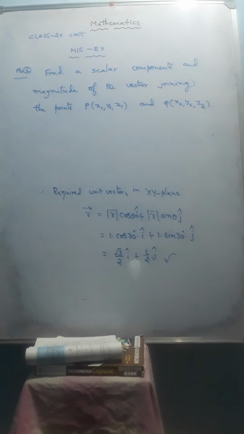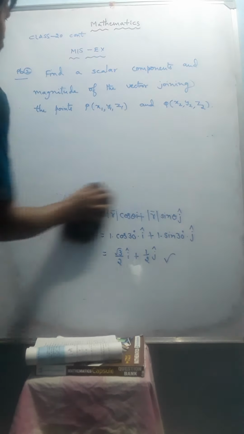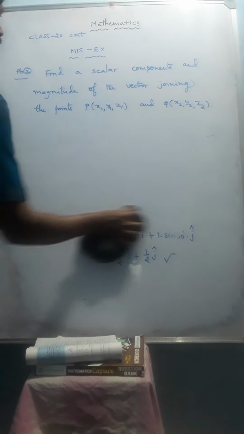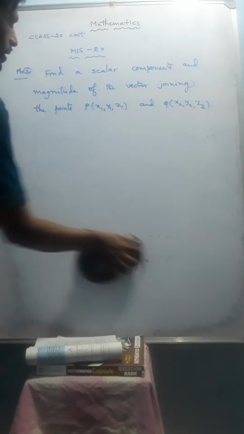That is the problem. Okay, very easy problem. So he is asking to find the scalar components and magnitude of the vector joining the points.